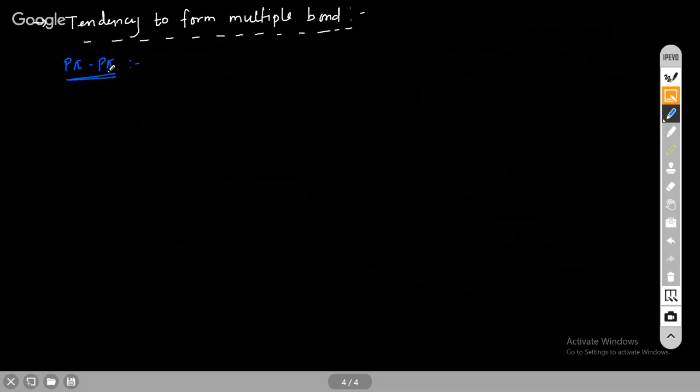Carbon has a strong tendency to form p-pi bond with other elements of similar size.